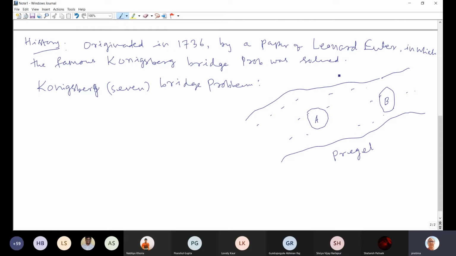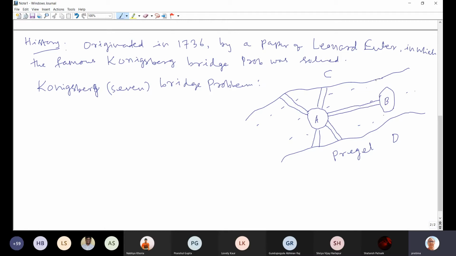One bank of the river is C, this land area, and the other bank is D. These two islands were connected to each other and to the banks of the river through seven bridges. That is why the problem is called the Königsberg seven bridge problem.